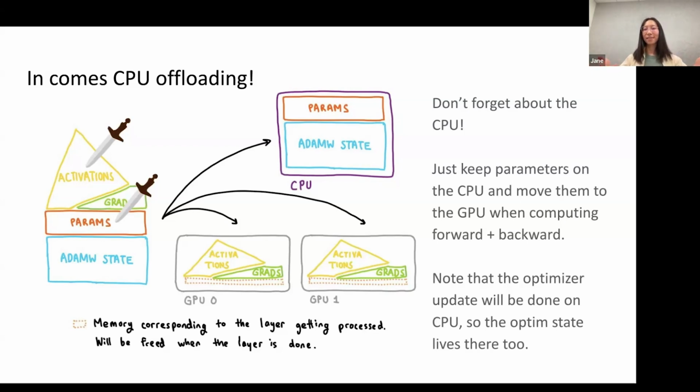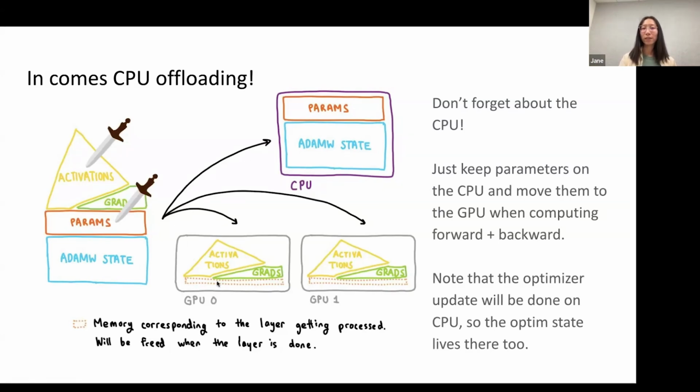In this case, you just put the parameters in CPU. When we need them, we will move what we need to GPU, do the all gather, do that sharing of data and parameters, and then move on with our merry lives. With CPU offloading, your memory gets much, much smaller because the biggest chunks are now living in CPU.